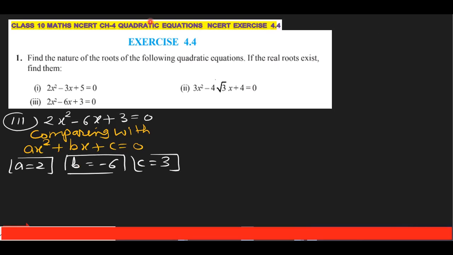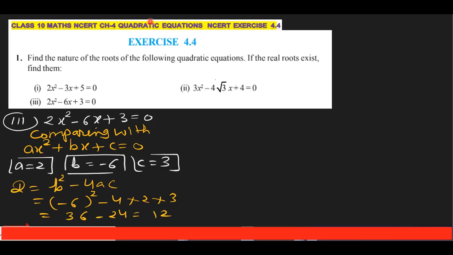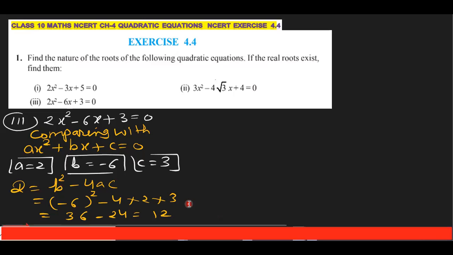To find out the nature of roots, we have to find out the discriminant, that is given by b square minus 4ac. So minus 6 whole square minus 4 into 2 into 3, that is plus 36, that is 12. And discriminant is 12, and that is greater than 0.